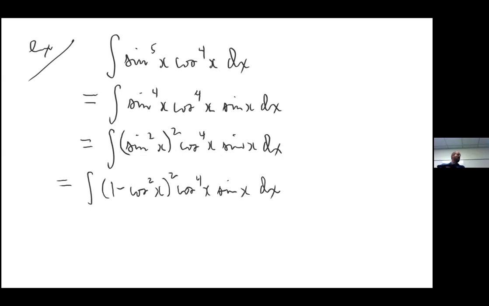But now we're in business, because what can I put u equal to? Yeah. If I put u equal to cosine of x, what is du? Negative sine of x.